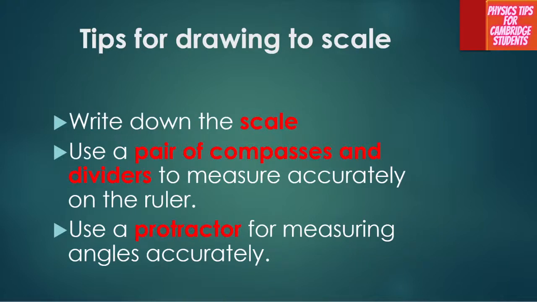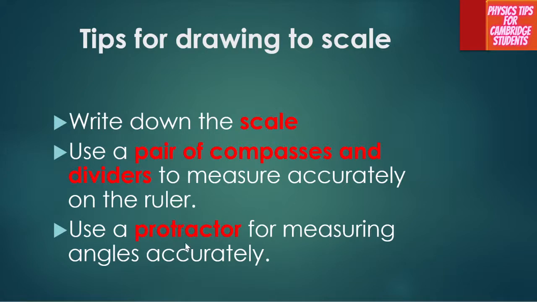Now, these are the tips for drawing to scale. When scale drawing, first of all, write down the scale. Use a pair of compasses and dividers to measure accurately on the ruler. I always do this to minimize random error, that is parallax error that can come from measuring.